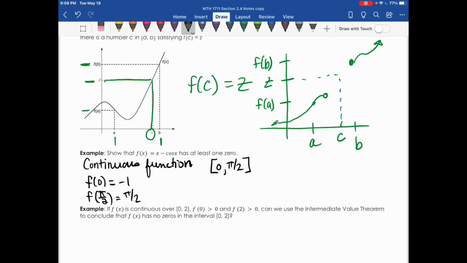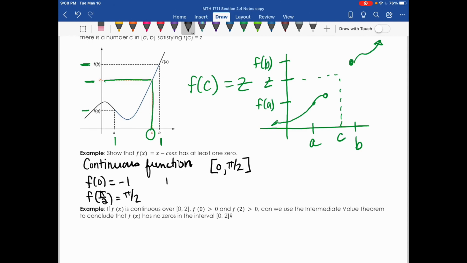So somewhere between -1 and pi over 2, that function has to hit the x-axis because it goes from negative to positive. Because it's continuous, there's no breaks in the graph, so it has to cross over the x-axis at some point.